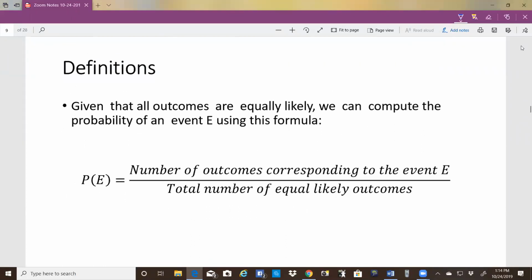I'm sure you understand this, the probability that an event occurs is the number of possible outcomes corresponding to the event divided by the total number of equally likely outcomes.